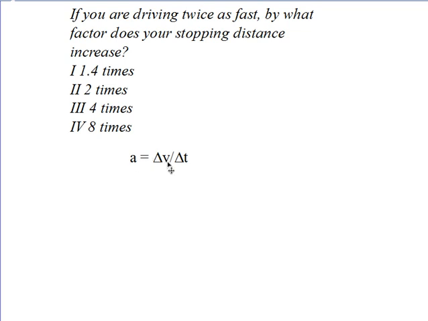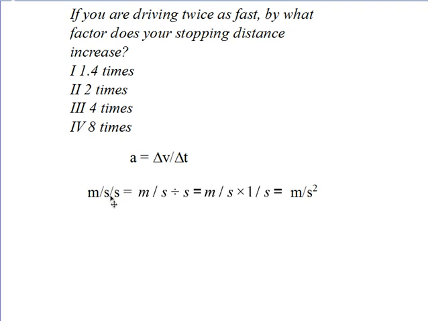So acceleration then is a rate of a rate, which makes things a little bit awkward. In particular, if you look at the units of acceleration, meters per second are the units of change in velocity per second. So meters per second per second are acceptable units for acceleration.